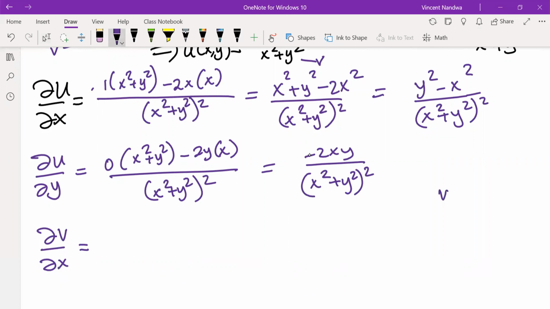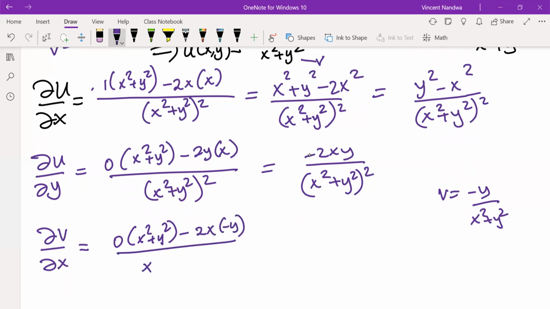So remember v is negative y over x squared plus y squared. So u prime is 0 times x squared plus y squared minus v prime, which is 2x, times minus y, divided by x squared plus y squared, squared. Minus minus is plus, so 2xy over x squared plus y squared, squared. So that's partial v, partial x.